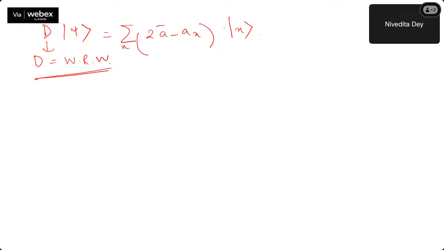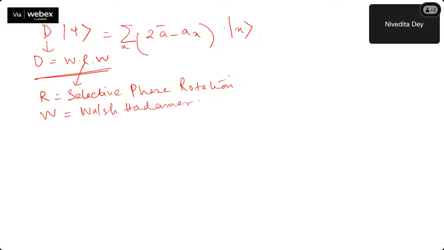Remember this thing, where R is called the selective phase rotation, and W is basically the Walsh-Hadamard transform.